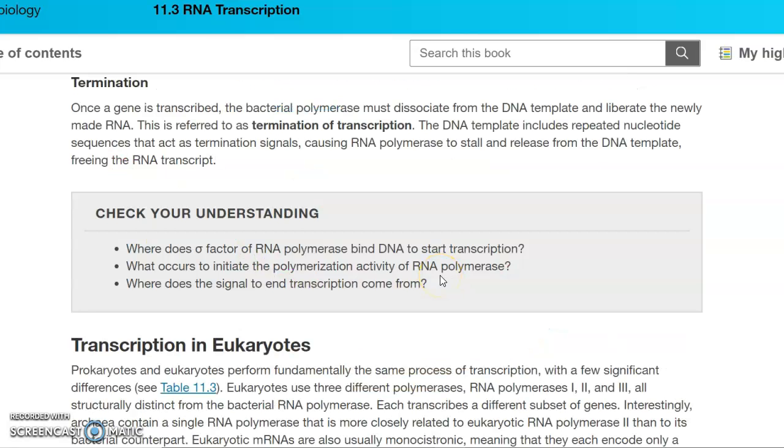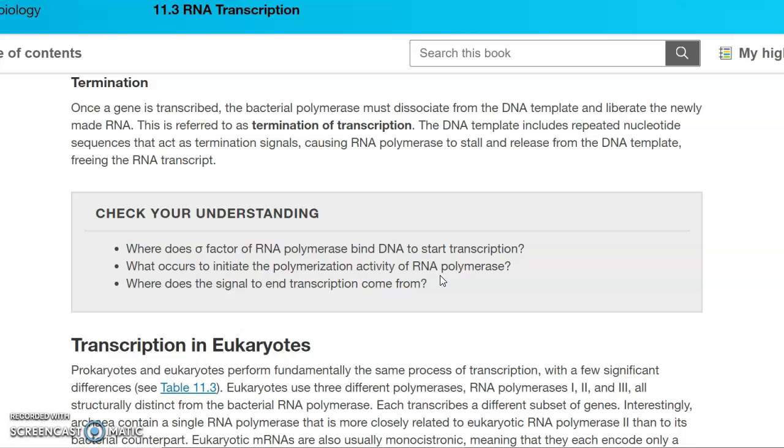Once the entire gene has been transcribed, then the termination must occur. This is when the RNA polymerase dissociates or disconnects from the DNA template, and then it lets go of that piece of RNA that it has made.